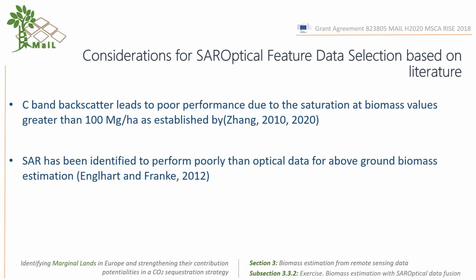Also, SAR has been identified to perform worse than optical data for above ground biomass estimation where the forest is of high density, while SAR texture gives encouraging results, measuring local variation in the backscatter and not the values of the backscatter. And this is also indicated by Enzart and Frank.